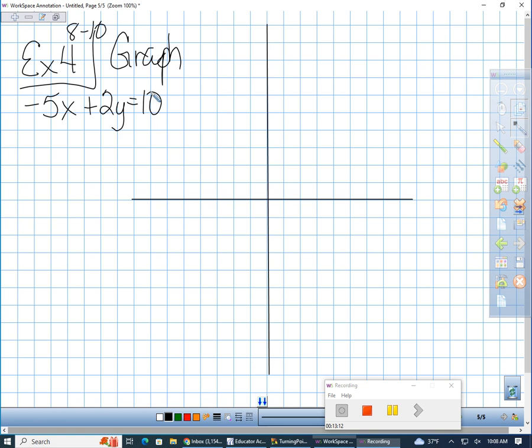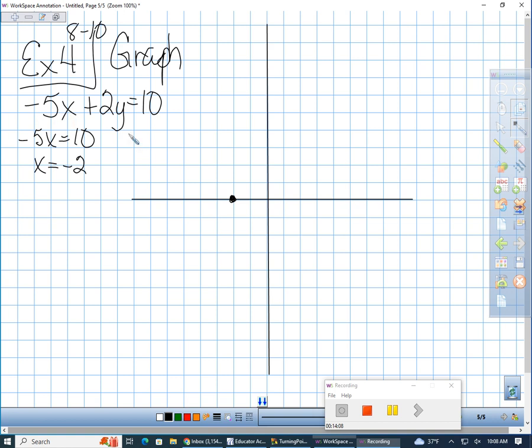All right, so the first thing we're going to do is find that x-intercept by putting 0 in for y, or covering up 2y. So we have negative 5x equals 10. Yes, x equals negative 2. So on the x-axis, I go to negative 2 and put it on. Or that's the point (-2, 0). Now to find where it crosses the y-axis, I'm going to cover up what?